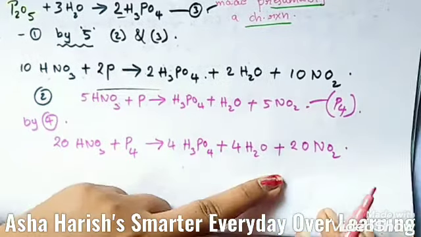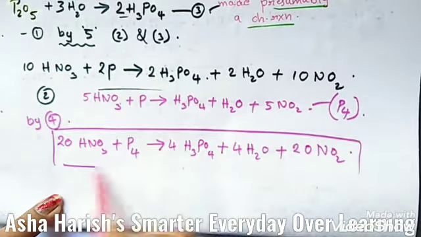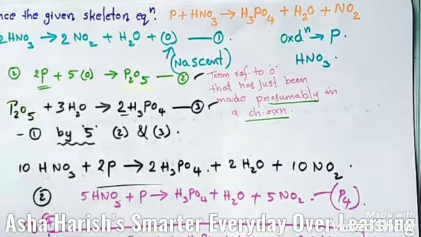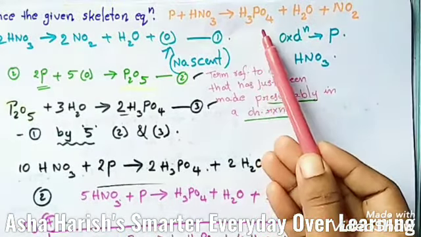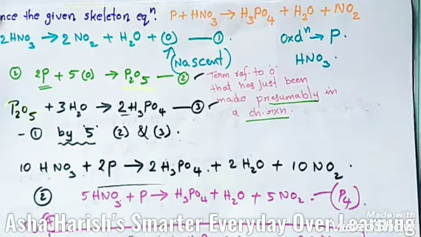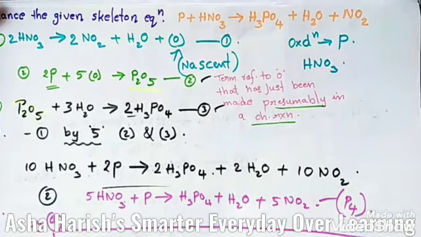Right, this is the final balanced equation. Okay, that was the question P plus HNO3 gives rise to H3PO4 plus H2O plus NO2 solved by using the partial equation method. Now let's go for the next example.